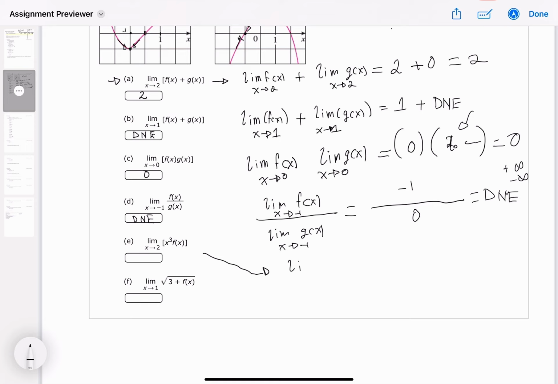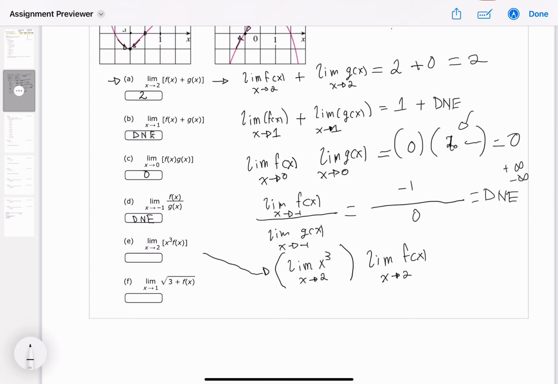The limit of x cubed as x approaches 2, multiplied by the limit of my function f of x as x approaches 2.